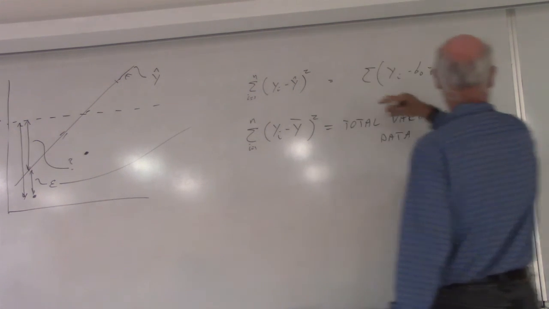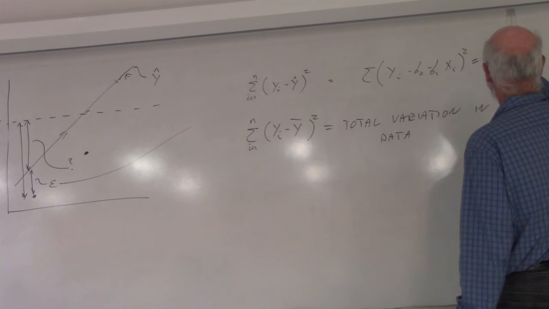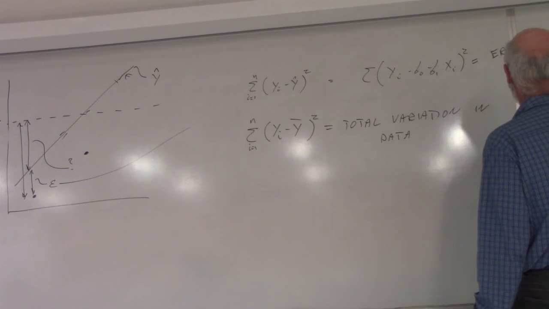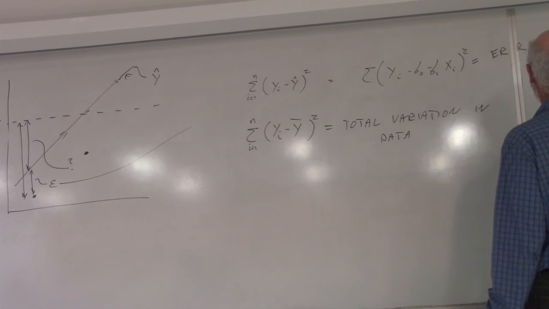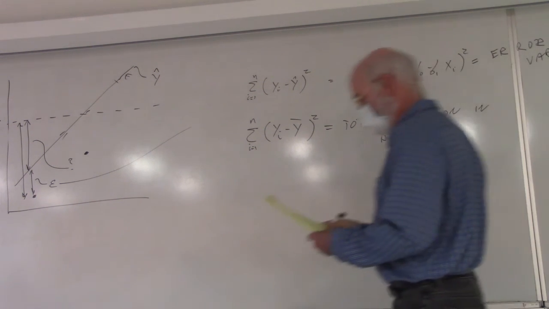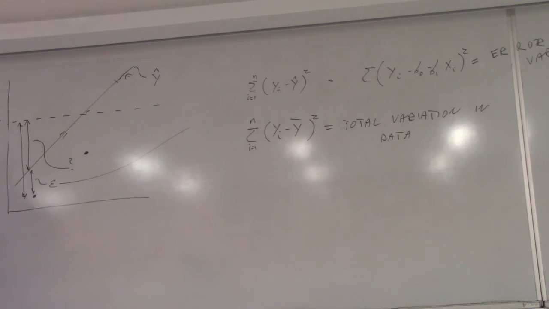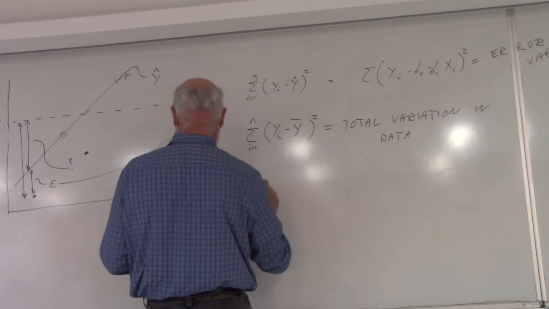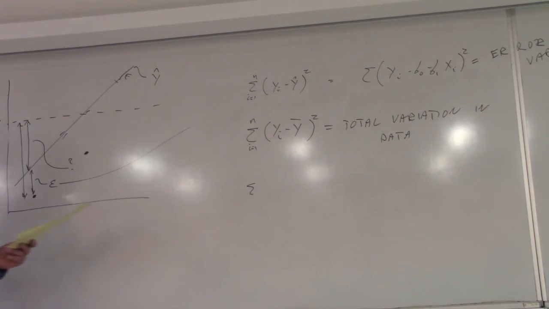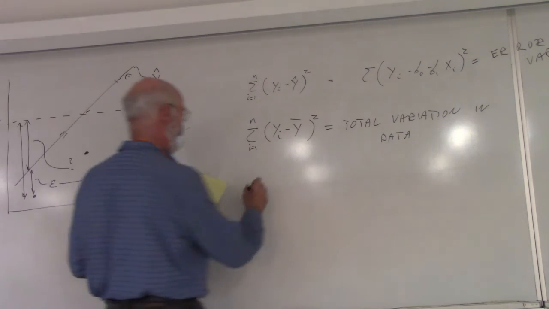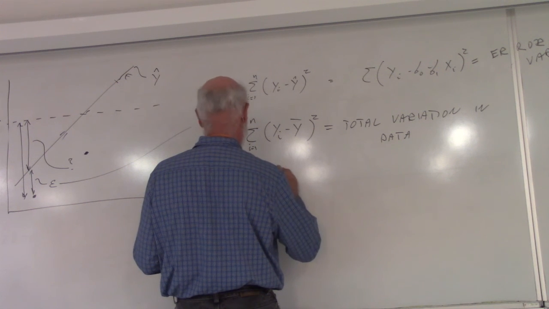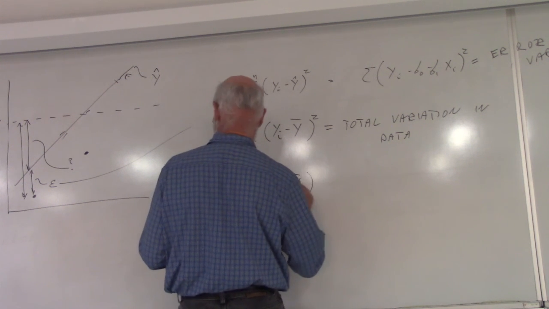This is the error variation. So the only other thing we need now is the variation that's associated with the model, okay? So now what we want is the sum of the deviation of the fitted model around the mean. So that's going to be the sum of yi hat minus y bar.